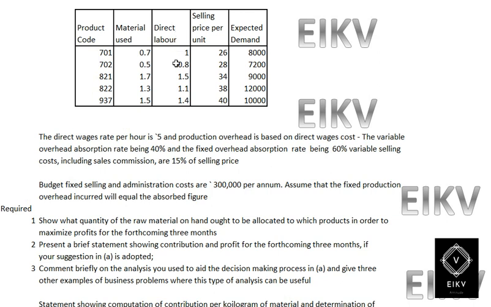Material used per kilogram is 0.7, 0.6, 1.7, 1.8, and 1.5. Labor hour 1.8, 1.5, 1.1, and 1.4. The selling price per unit 26, 28, 34, 38, and 40. Expected demand 8,000, 7,200, 9,000, 12,000, and 10,000.